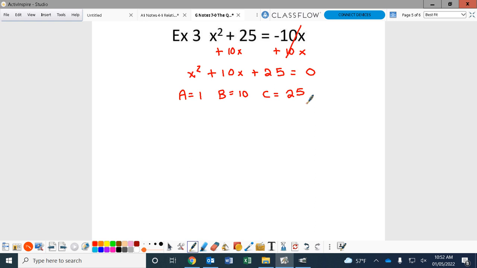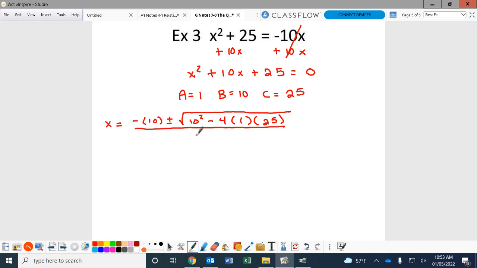So let's set this up and figure out which case it is. It's either the 0 or the negative number. I don't know which one. Think it's the 0? Let's see. So it's going to be x equals the opposite of 10 plus or minus the square root of 10 squared minus 4 times 1 times 25, all over 2 times what?